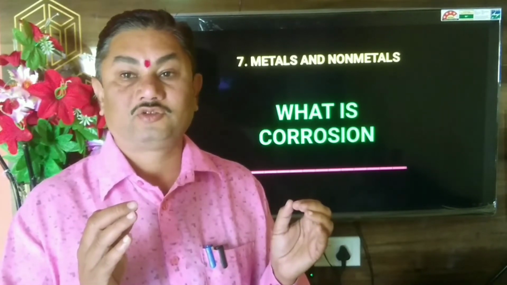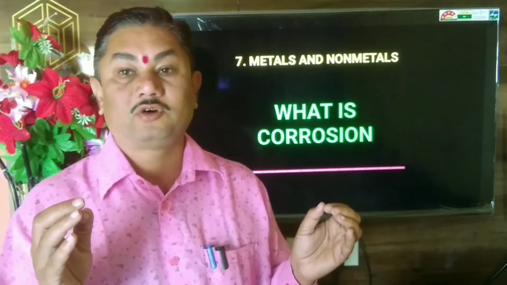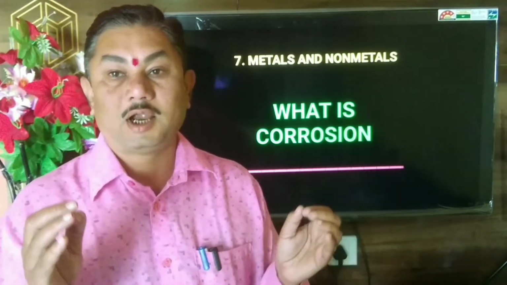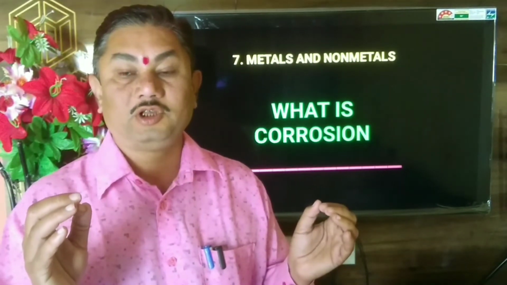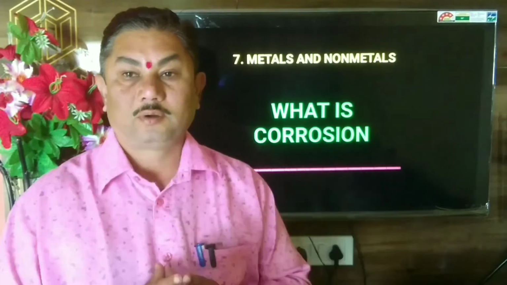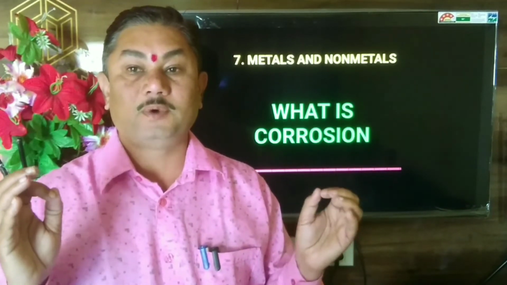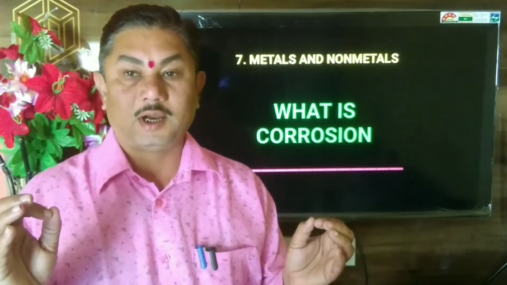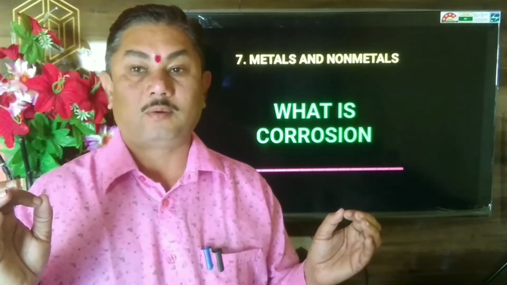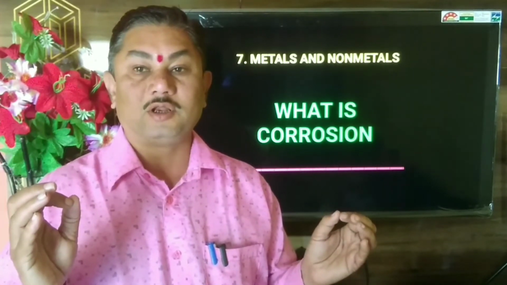Or, metals react with gases in the air in presence of moisture and form their compounds. This process is called corrosion, or the process of gradual destruction of metals due to various gases in air and moisture to form metal compounds is called corrosion.